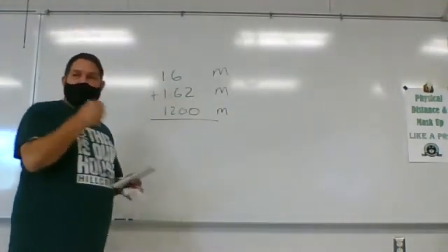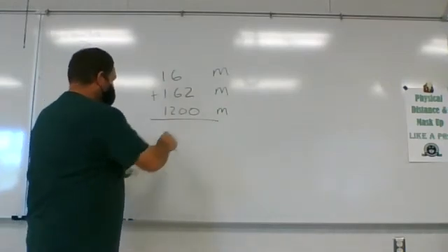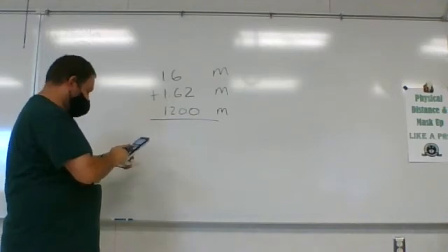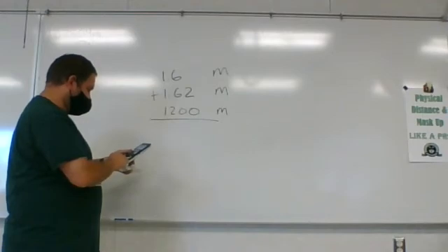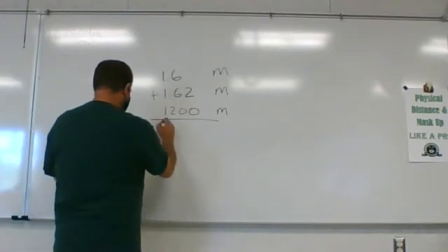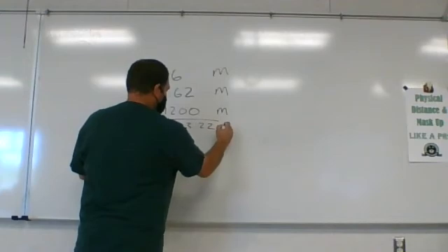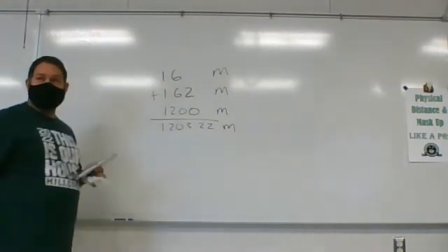Are we okay? We can finish this up really quick. This was just 1,200, right? So if I go 1.6 plus 1.62 plus 1,200, then I get 3.22 meters. Well, we have to go by decimal places, right?